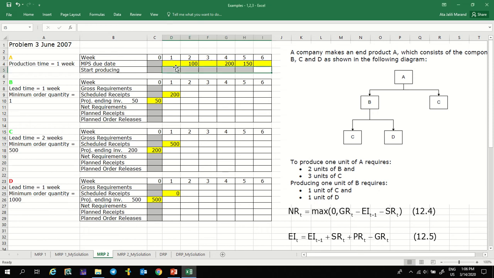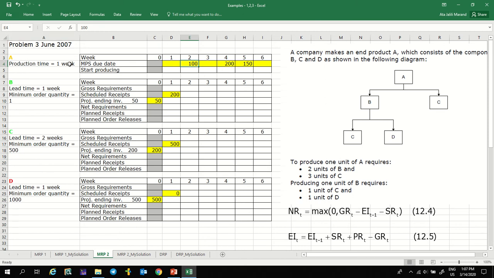For A, from the master production schedule, we have some quantities to be ready in weeks 2, 4, and 5. So we want 100 units to be ready in week 2, and 200 in week 4, and 150 in week 5.